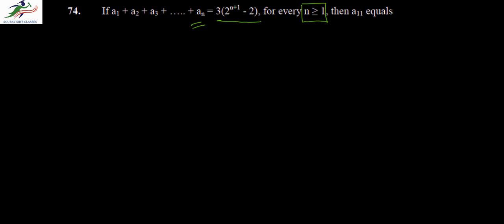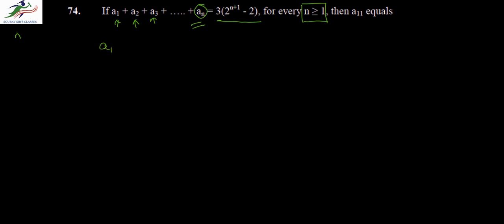Either we can substitute the values of n to find the values of a1, a2, a3 and so on, or we can first find out the generic value of the term an from the given equation and then substitute values of n to find the corresponding values.